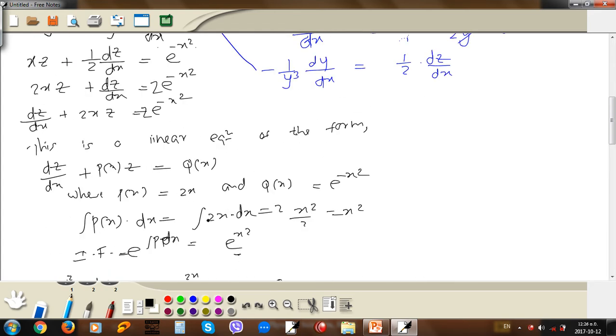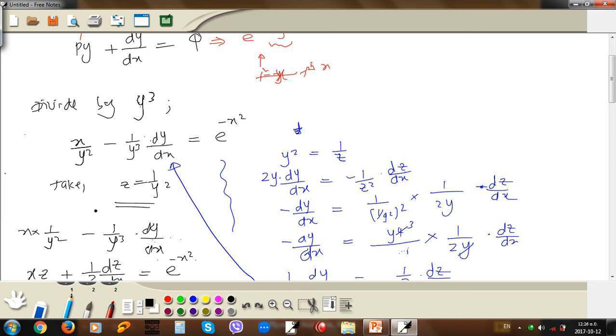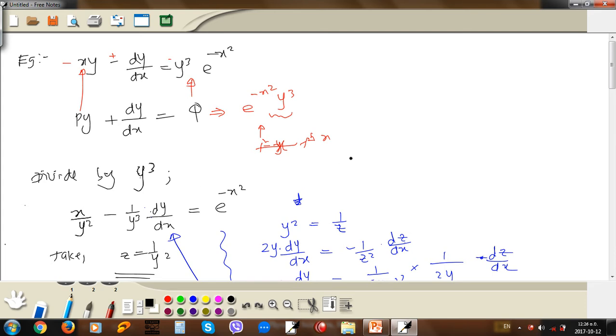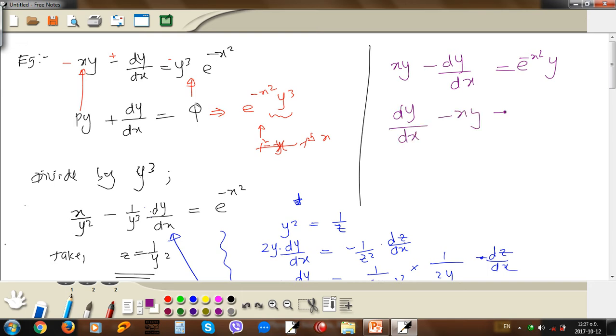Here also we use the same substitution. I will show you. This is the given equation. I'm using a separate color now: xy minus dy by dx equals e to the power minus x squared times y. I multiply this by a minus sign, then it comes plus dy by dx minus xy minus e to the power x squared times y to the power 3, right?